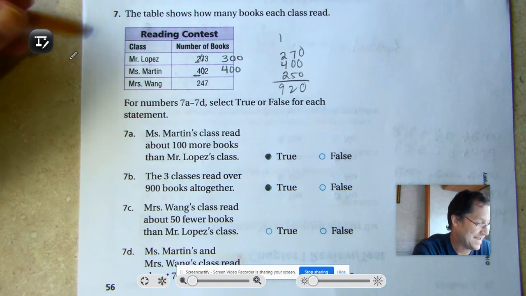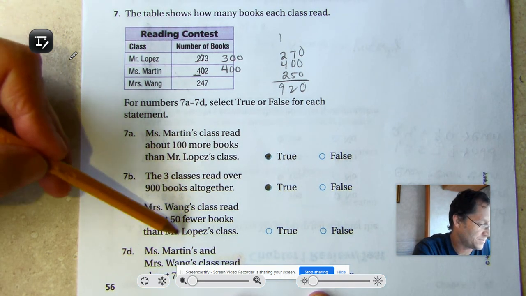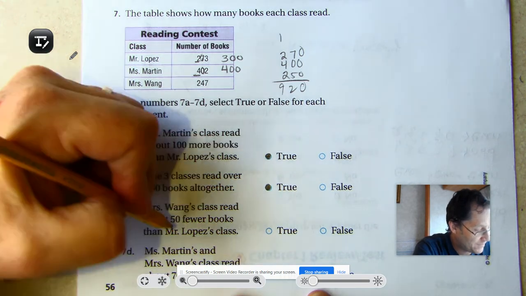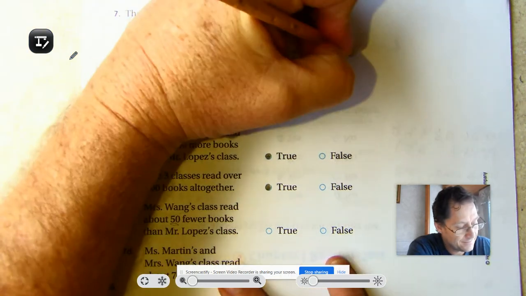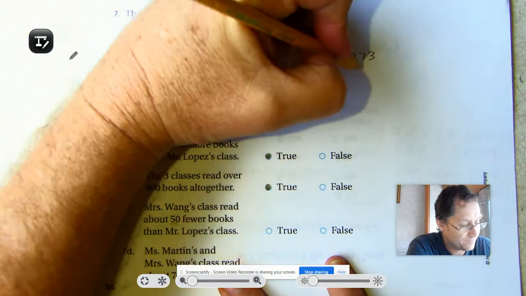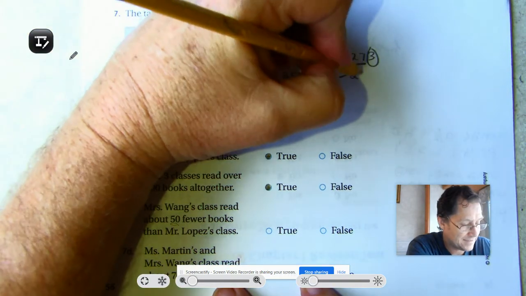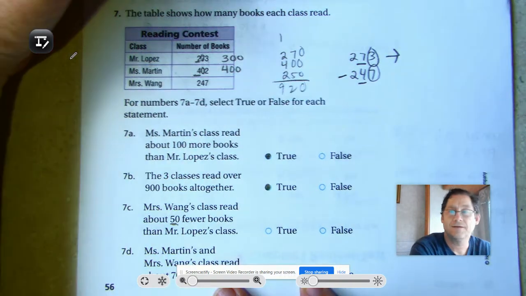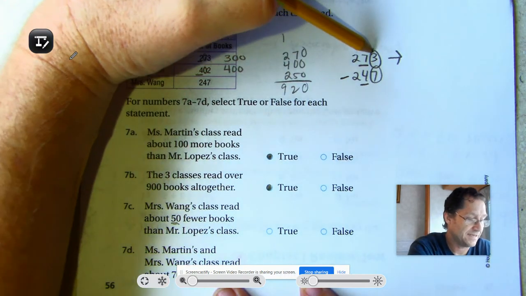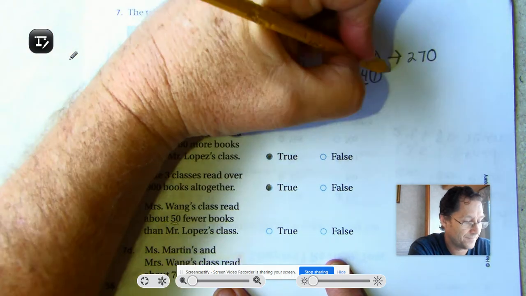Mrs. Wang's class read about 50 fewer books than Mr. Lopez's class. So again, we see this 50, so they probably are rounding to the nearest 10. So 273 rounded to the nearest 10, and Mrs. Wang's class rounded to the nearest 10. The digit that we circled is less than 5, so I'm going to keep the 7 tens the same.